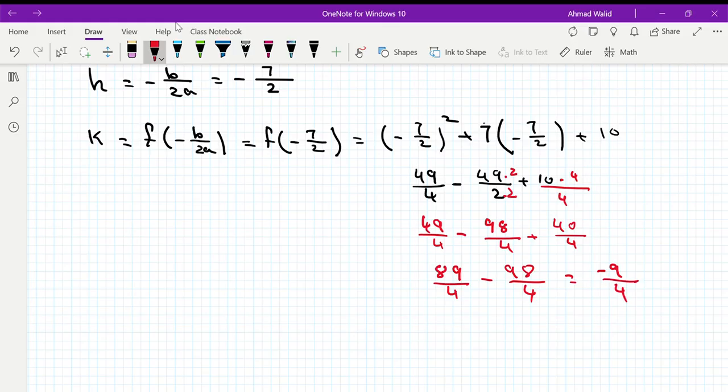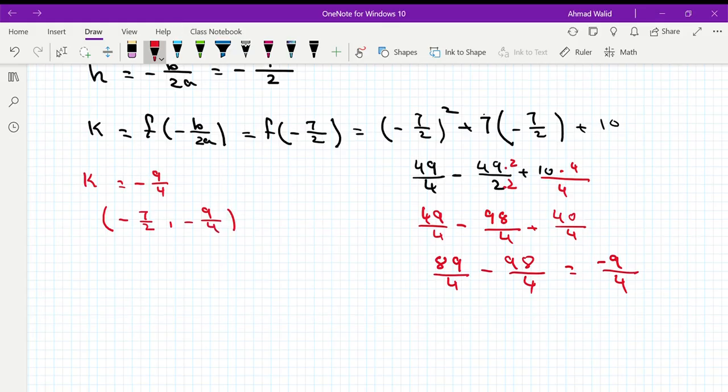That's your k. It means your k is equal to negative 9 over 4. Then the vertex is at negative 7 over 2, comma, negative 9 over 4. Now x-intercept.